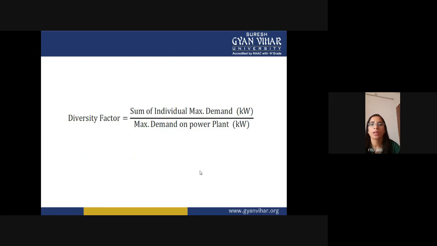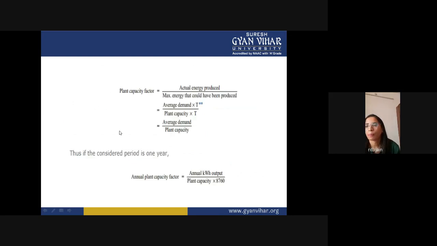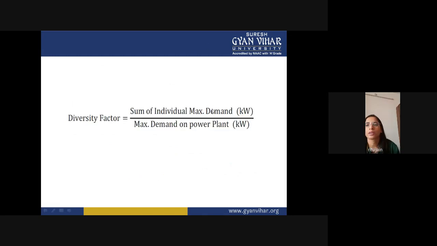The diversity factor is the sum of individual maximum demands in kilowatts divided by the maximum demand on the power plant. Load factor is always less than 1 and diversity factor is always greater than 1, because the sum of individual maximum demands will always be greater than the maximum demand of the power plant.